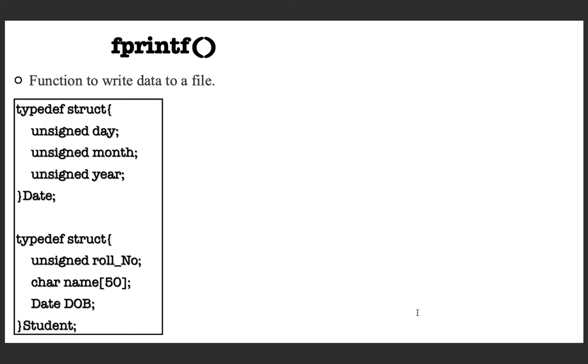So, here we have defined two structures in C. One is a student data structure with attributes roll number, name and date of birth, where date of birth is declared as an instance of another structure, date, which is defined here. A date is defined by day, month and year. This is exactly the same example that we discussed when we discussed structures.